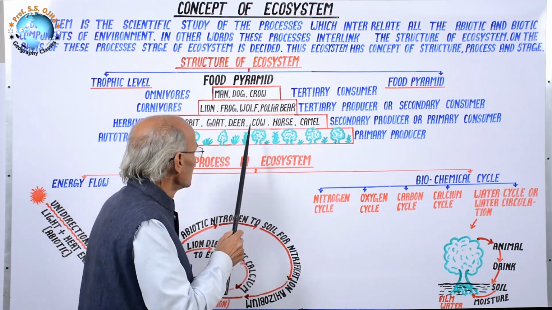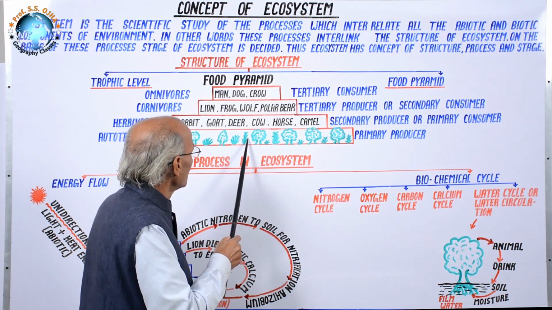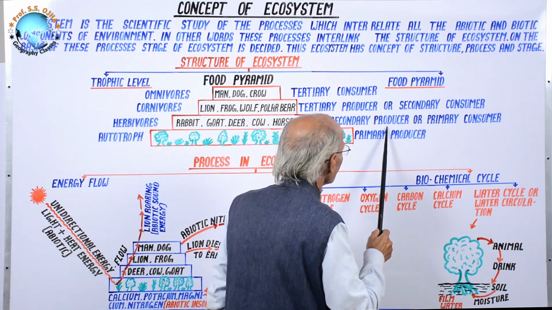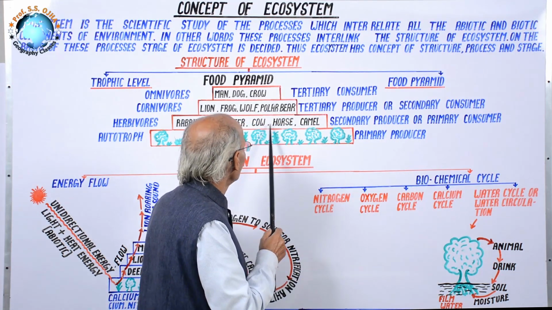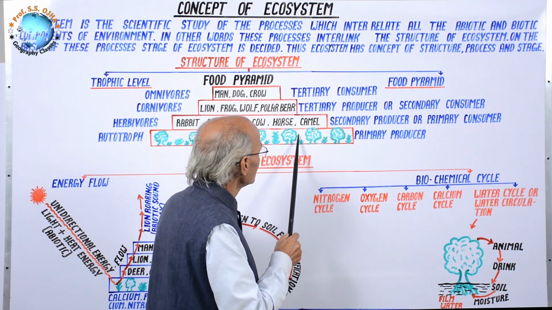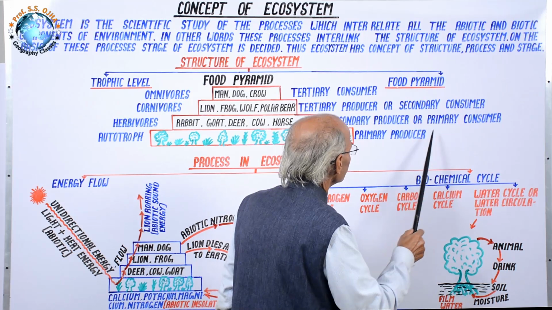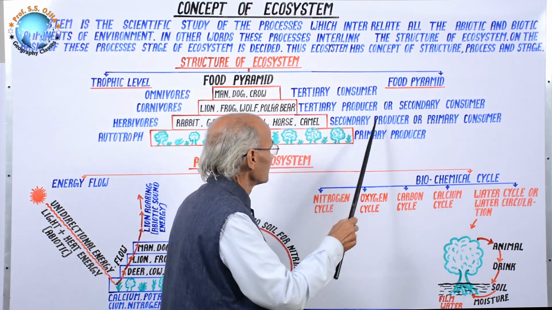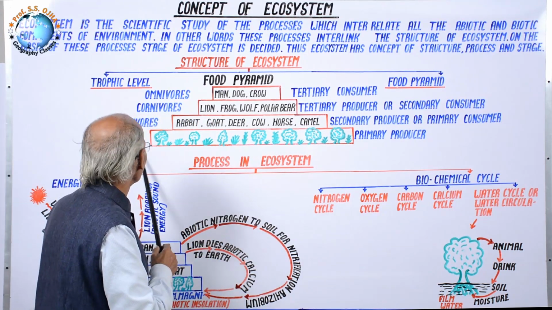And these herbivores don't produce food, rather they take food from these plants. And plants are autotroph, but these are secondary producer or primary consumer. Why primary consumer? Because cow, horse, these eat grass, tree, plant leaf, and thus they consume the products of the primary producer. Hence, these are called primary consumer, but secondary producer. These are not primary producer, rather primary producer are these plants called autotroph.